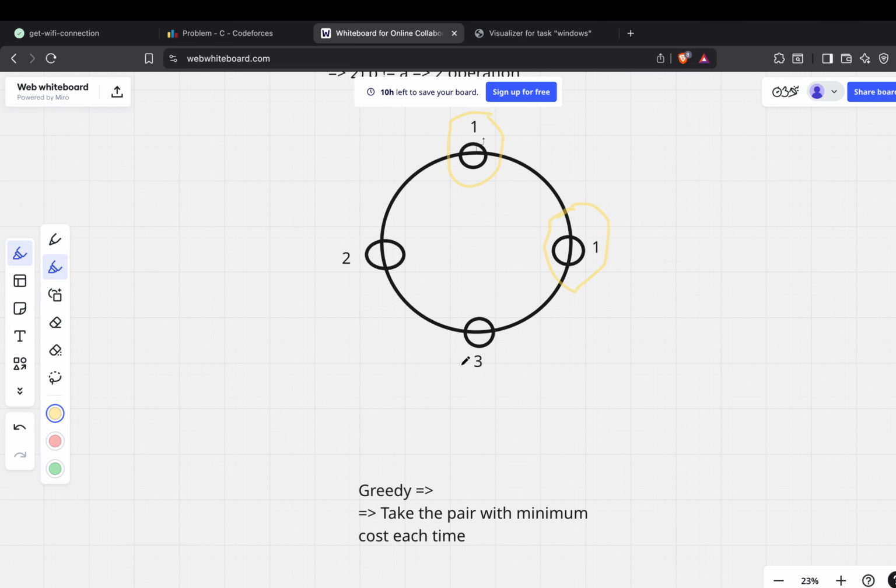If we take this node and this node, the max of both of them is 3. Similarly, if we take this node and this node, the max is 2. And this node and this node, the max is 3. So the best case here is 1. Now, what happens if we remove one of them? Does it cause any harm to any of these two nodes?